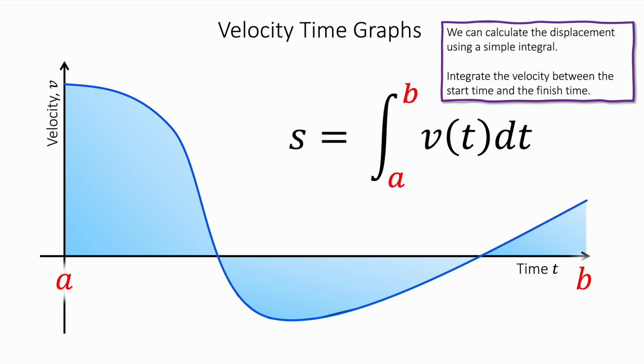That is how far it's moved. That's a very simple integral, and normally your calculator can do this for you. That is displacement, and it's the integral of velocity with respect to time between A and B, where A and B are the start and end times. Normally, A would just be 0.